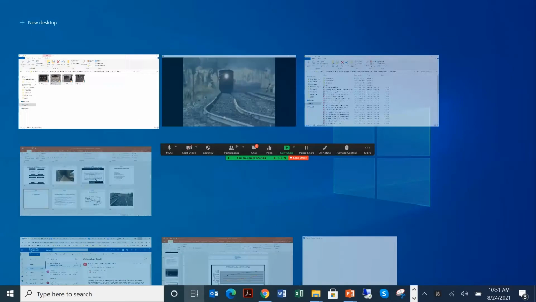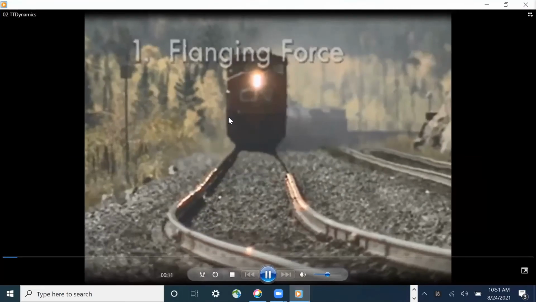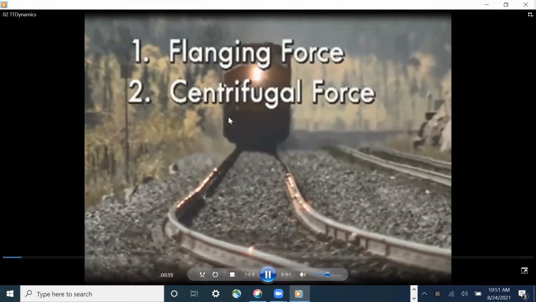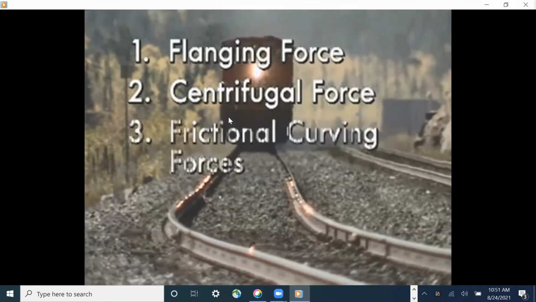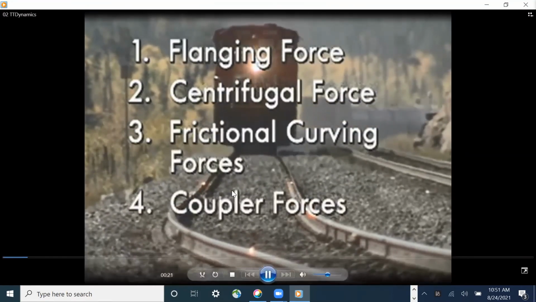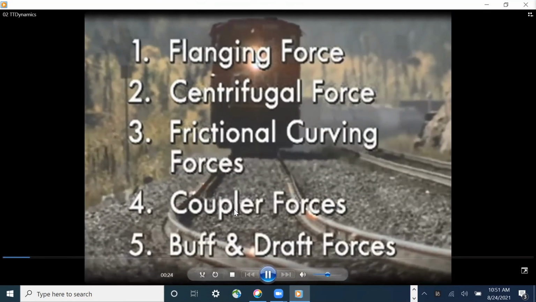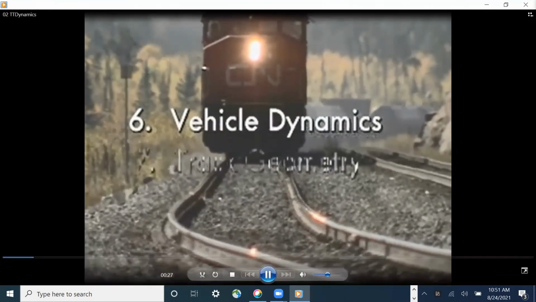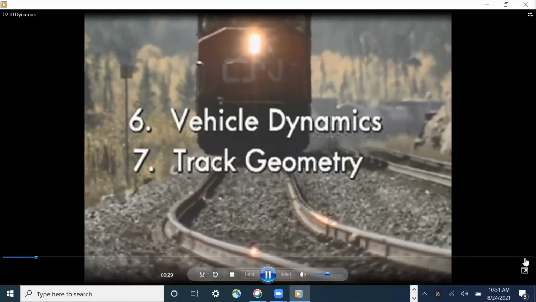Lateral forces vary according to the following factors: flanging force, centrifugal force, frictional curving forces, coupler forces, buff and draft forces, vehicle dynamics, and track geometry.